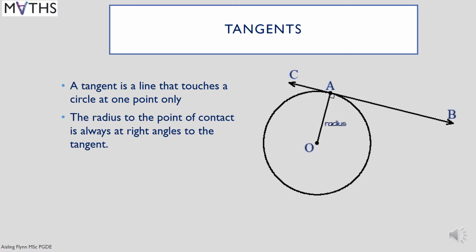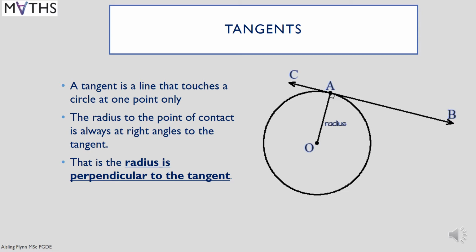The radius to the point of contact A is always at right angles to the tangent. That is, the radius is perpendicular to the tangent, and that is always the case.